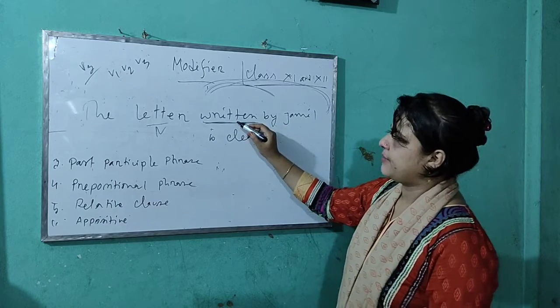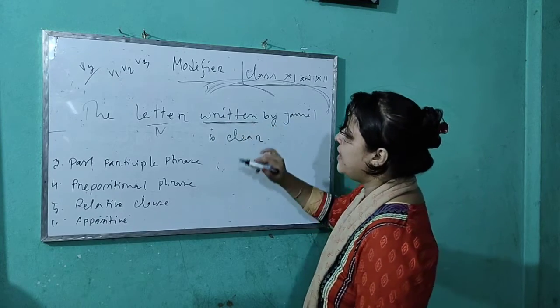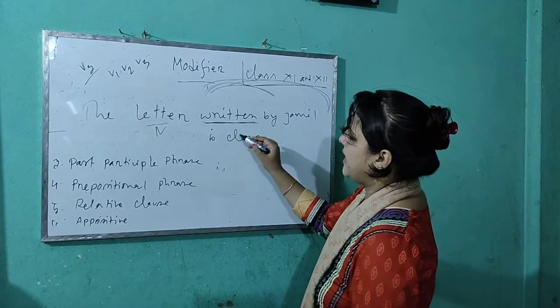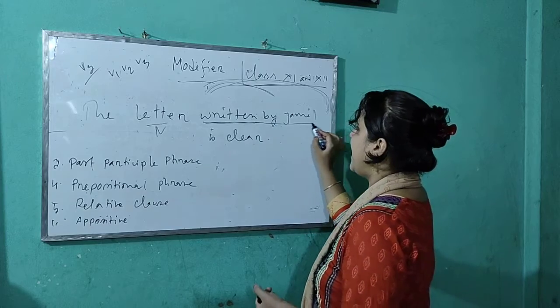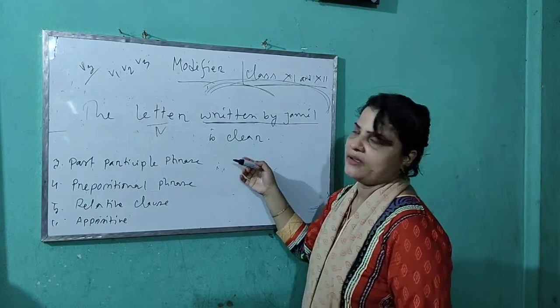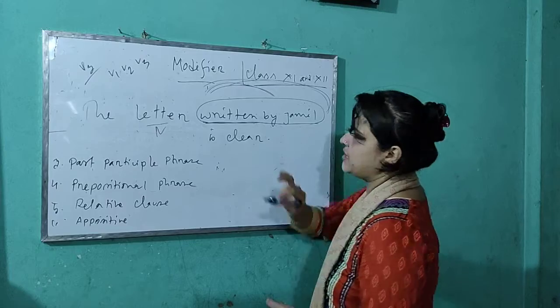It acts as a post modifier. But whenever you are asked to use past participle phrase, then you will elaborate it. Jamil is clear. So this one is past participle phrase.